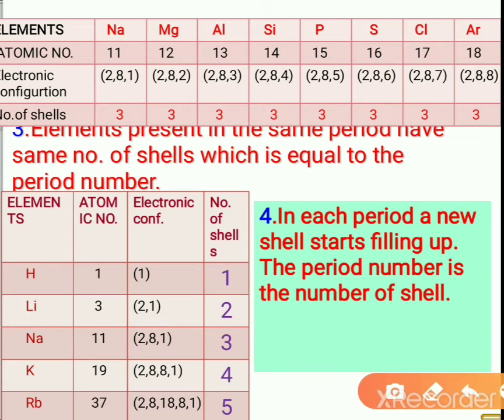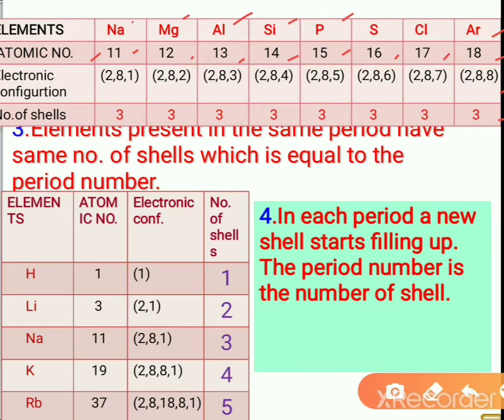Students, here you can observe elements, their atomic numbers, electronic configuration and number of shells. You can see the elements of the same period are given: sodium, magnesium, aluminium, silicon, phosphorus and so on. You can see their atomic numbers below these elements: sodium 11, magnesium 12, aluminium 13, silicon 14, phosphorus 15, sulfur 16, chlorine 17, argon 18.